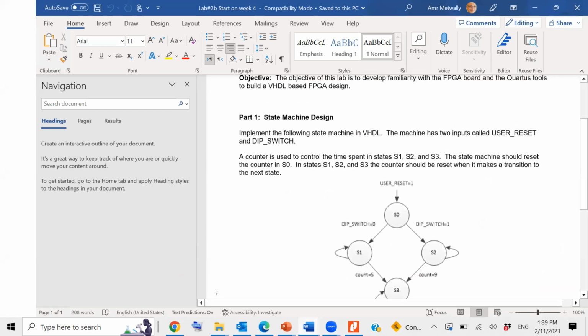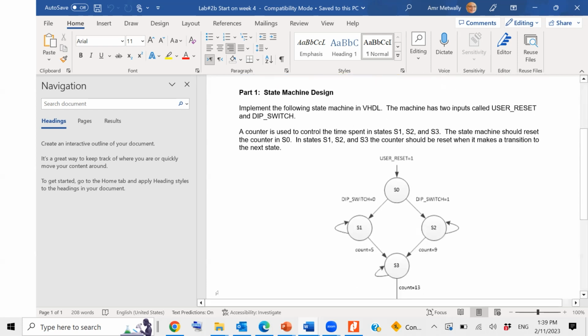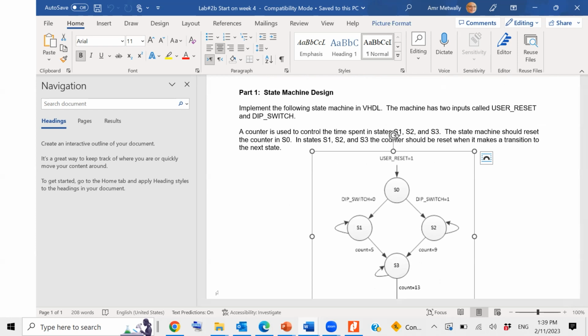As it says, I have a user reset and a dip switch. Those are my 2 inputs. The user reset resets everything to 0. And I have a dip switch that can move me from S0 to S1 or S2, depending on the dip switch.